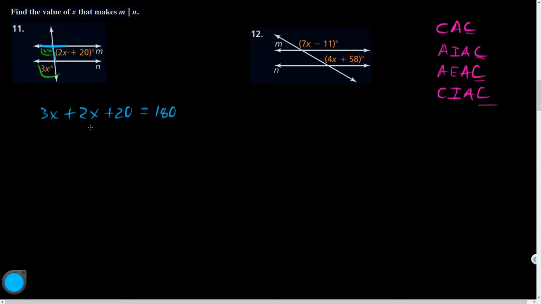All right. So I could then combine like terms. 3x's and 2x's is 5x plus 20 equals 80, subtract 20 from both sides, and I would get 60, and then I would get x equals 12 after dividing by 5.